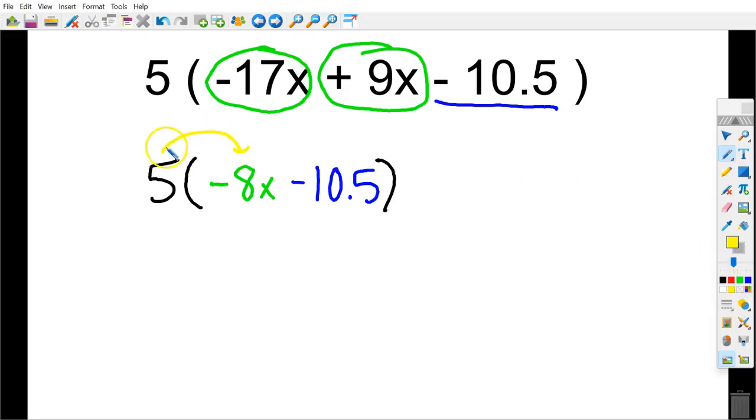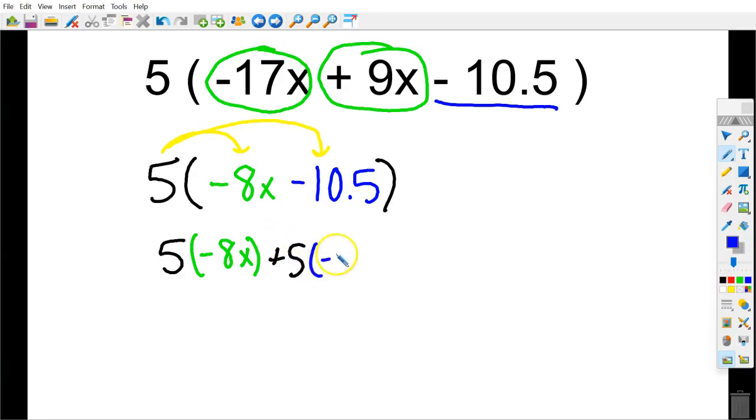We have to distribute the 5 to both terms on the inside of the parentheses. So we've got 5 times negative 8x, and then we've got plus 5 times negative 10.5.